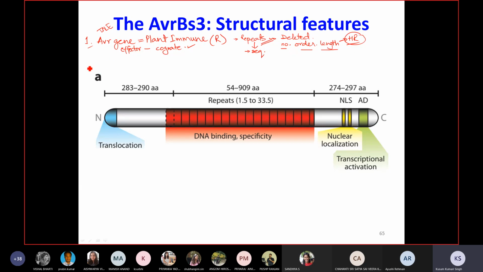Now, this is the part of the second lecture. After concluding that these repeats are important, what are the other features of the avirulence genes? The other structural features were the presence of a nuclear localization signal and an acidic transcriptional activation domain.